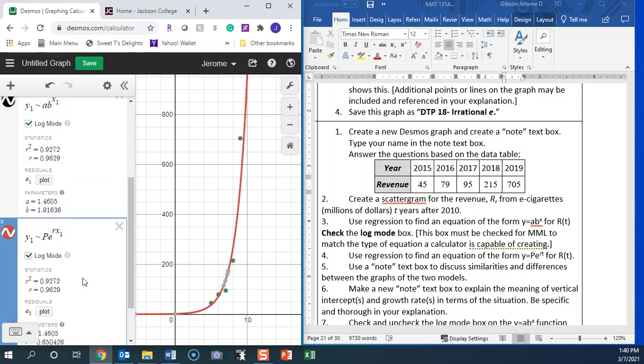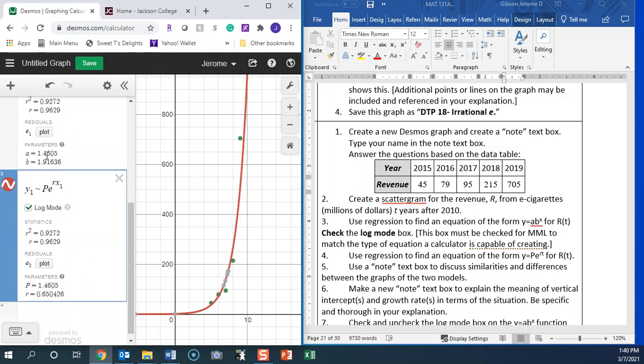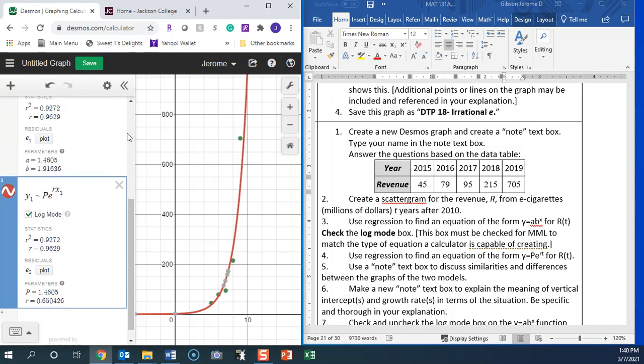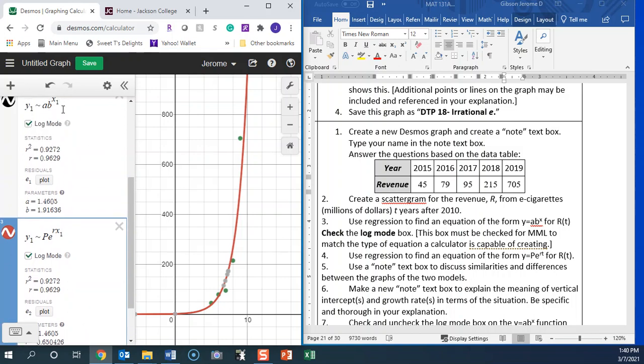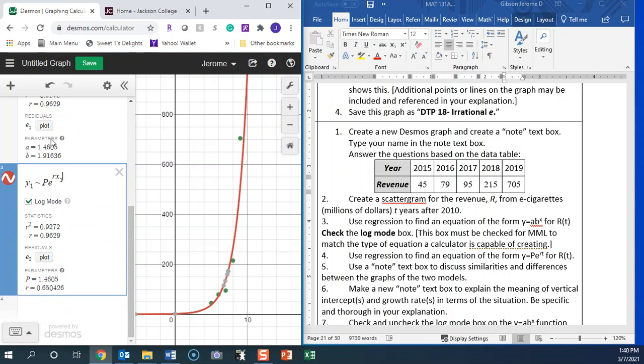Now, what I want you to notice here is the A from the formula we got from y equals ab to the x, and the P here are the same. So that lets you know that your A from this value is also your P in this value here. So all you would have to do now is substitute in.